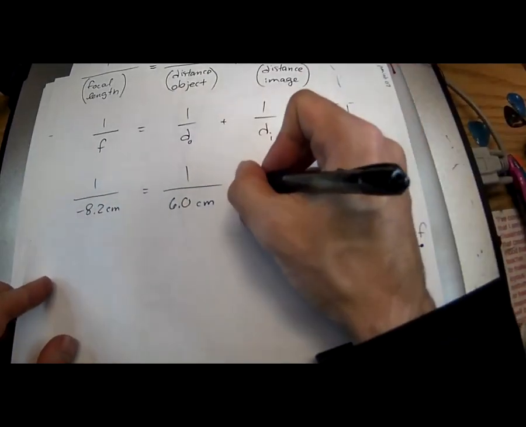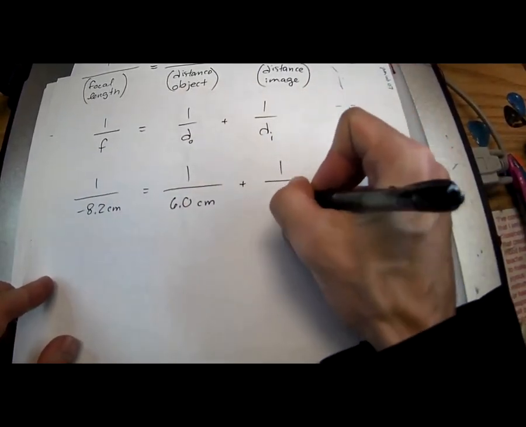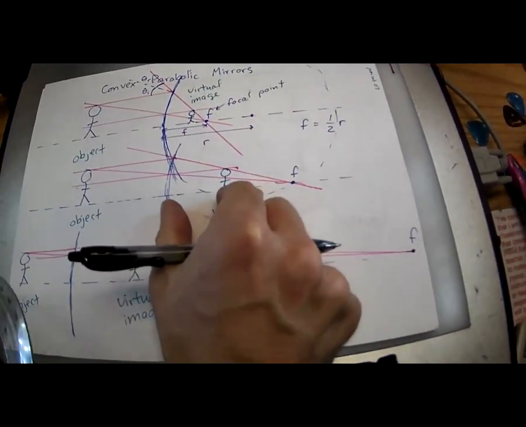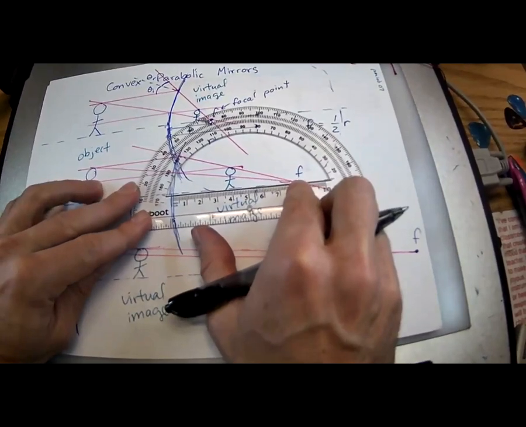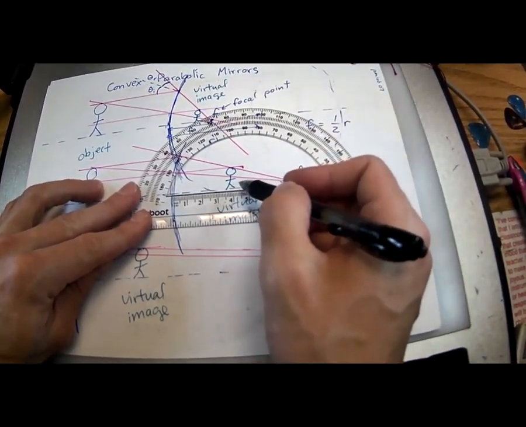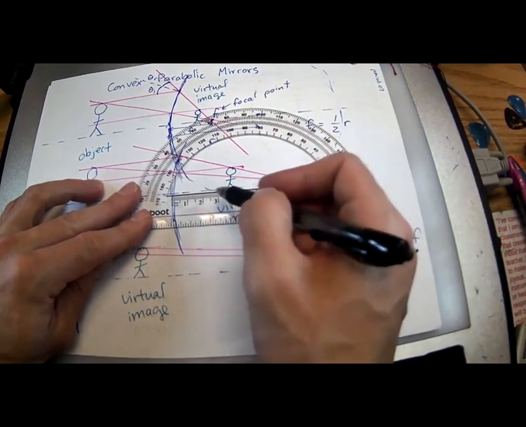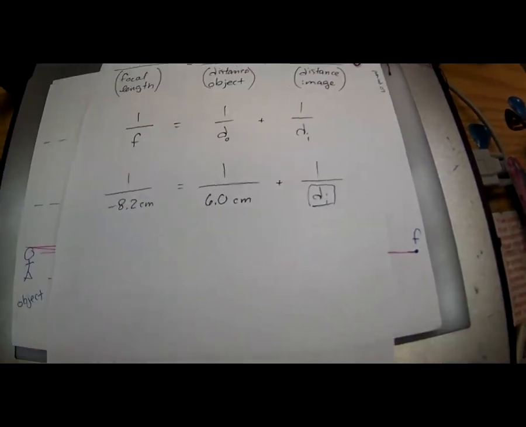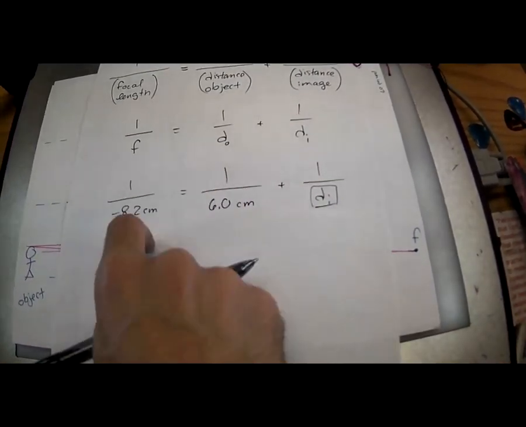Let me see what the calculation says where the image should be. Okay. And I hope it's about here. Let's do a little sneak preview: about 3.5 to 4 centimeters on the negative side. All right, let's see how close. So subtract over 1 over 6.